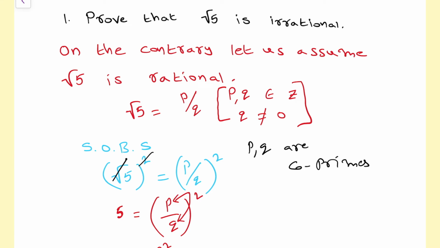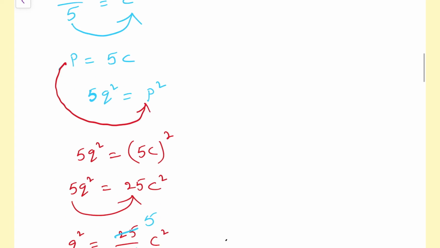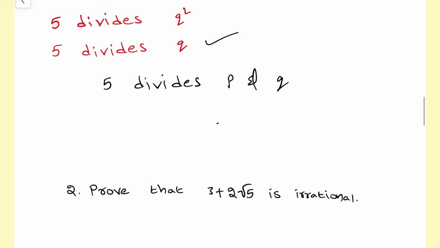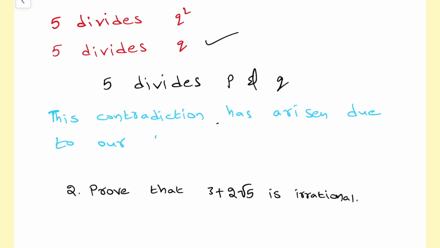So p comma q are co-primes, right? So it means p and q both do not have any common factor except 1. But here we got that 5 is a common factor for both again. So we got this kind of a contradiction. So we need to write that this contradiction has arisen due to our wrong assumption.